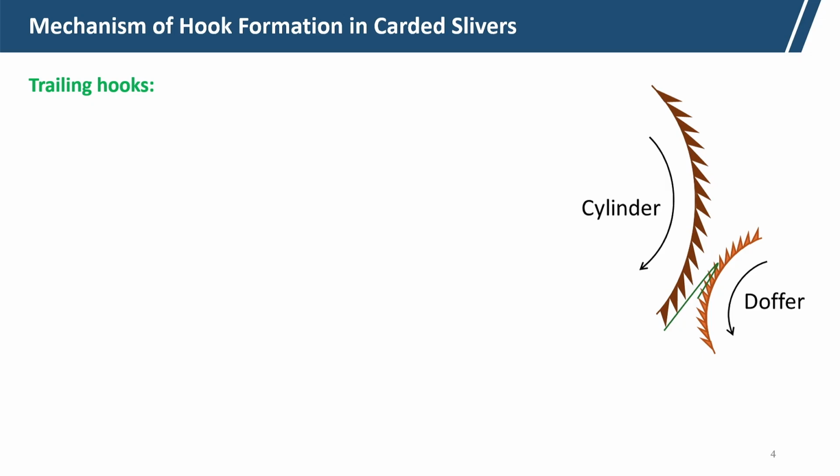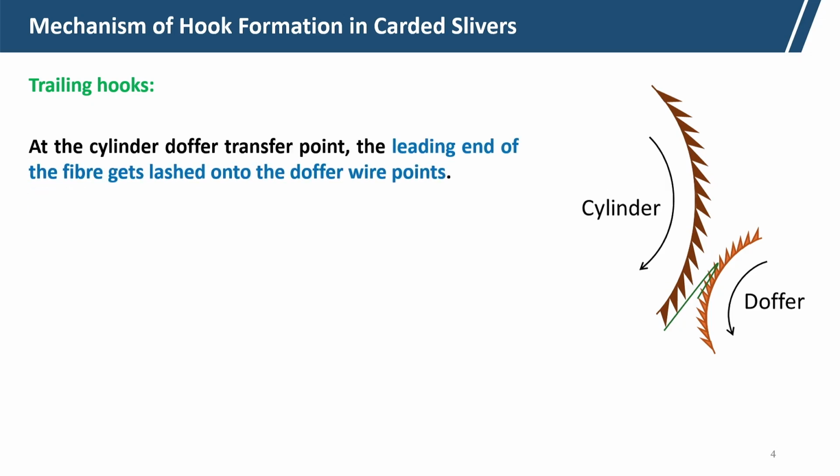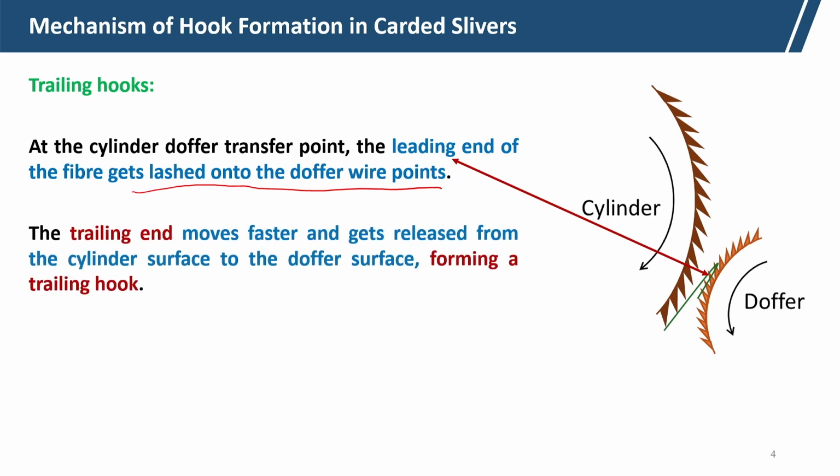So, how is the trailing hook generated? At the cylinder-doffer transfer point, the leading end of the fiber gets lashed onto the doffer wire point.